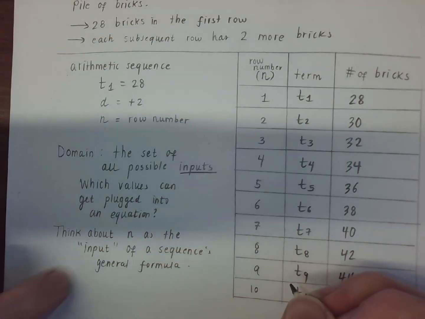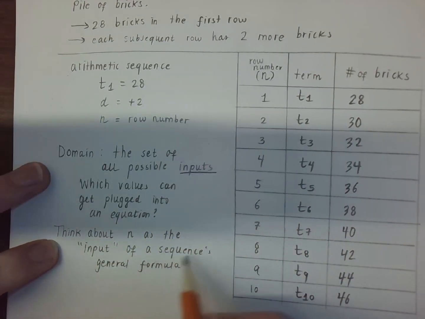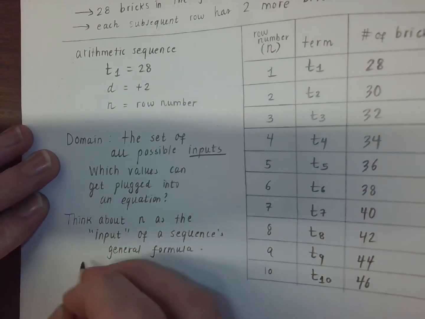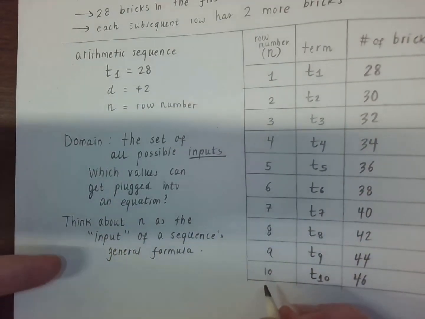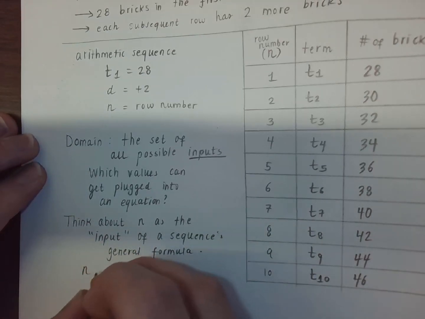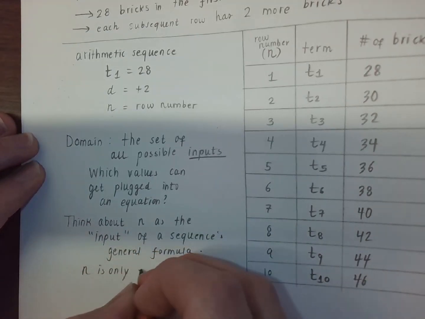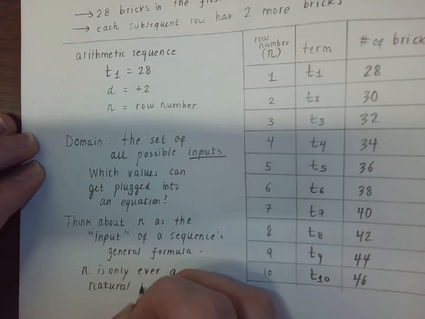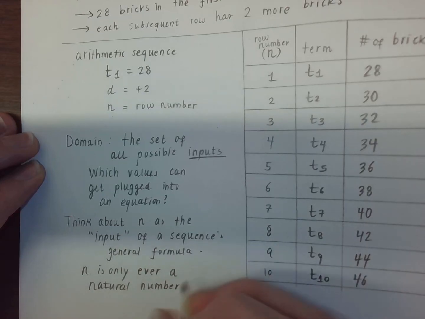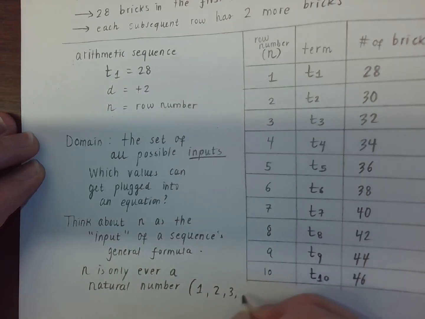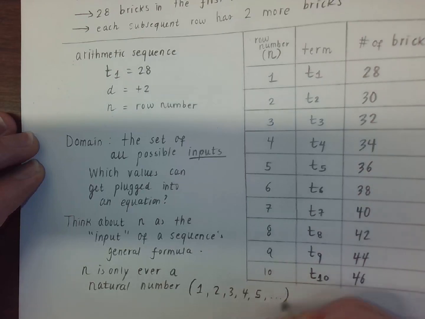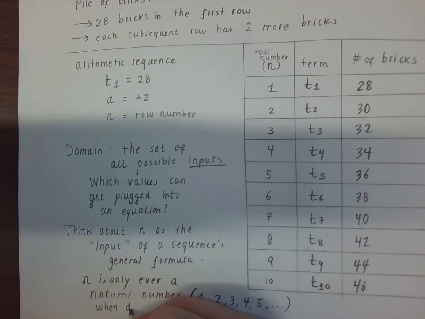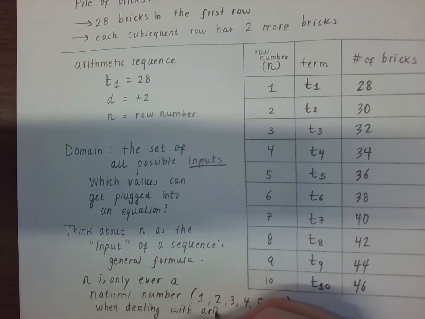But the thing about an arithmetic sequence is n can only be from the set of natural numbers. n is only ever a natural number: 1, 2, 3, 4, 5, and so on, when dealing with arithmetic sequences.